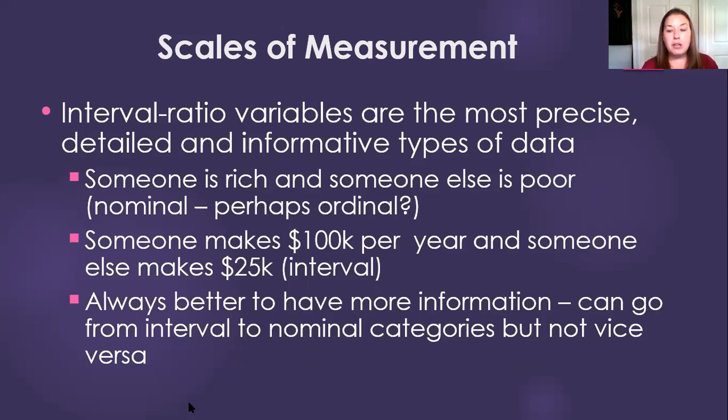What's important to think about here is what are the advantages or disadvantages or limitations of different levels of measurement? And interval ratio variables are the most precise. They have the most detailed types of data.